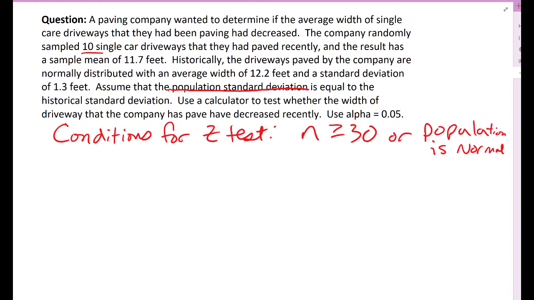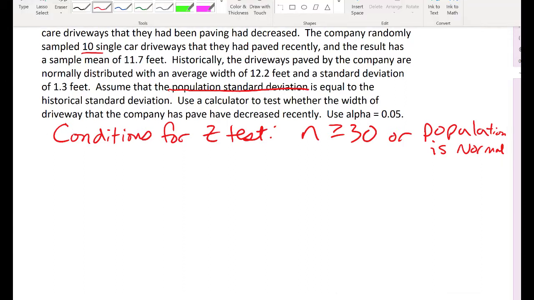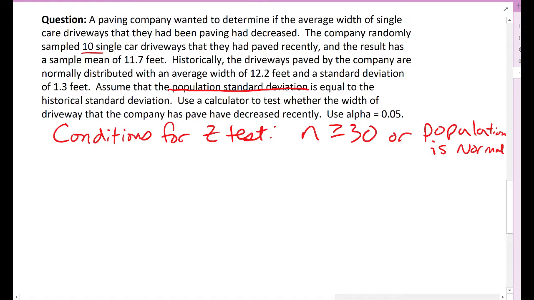Now let us do this hypothesis test. Let's grab a different color. We're trying to test if the mean has decreased. That's the key word right there. So our hypotheses, always the first step, is that we need mu to be less than the historical value. I go back to what I said: they did tell us that they're normally distributed, so that's very important. So yes, we can definitely do a z-test.